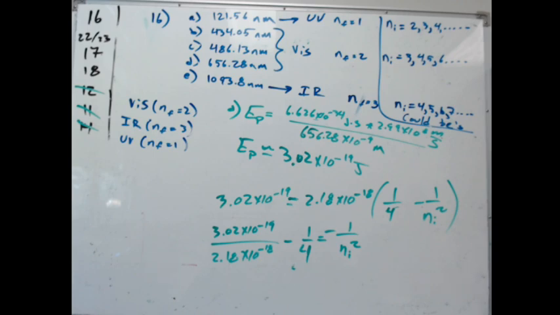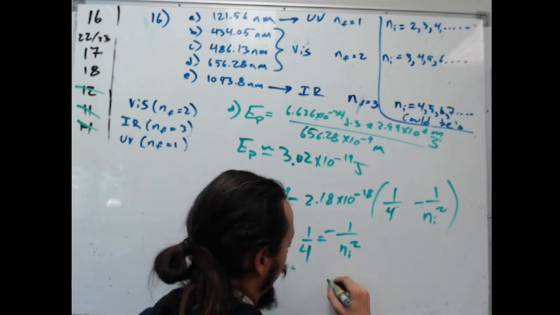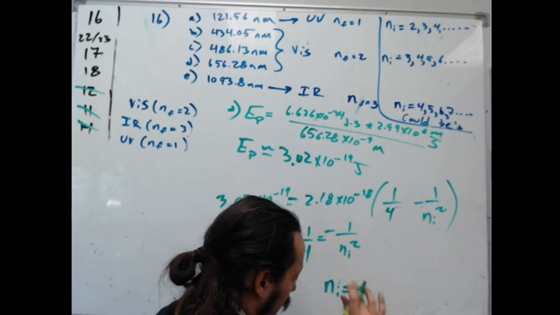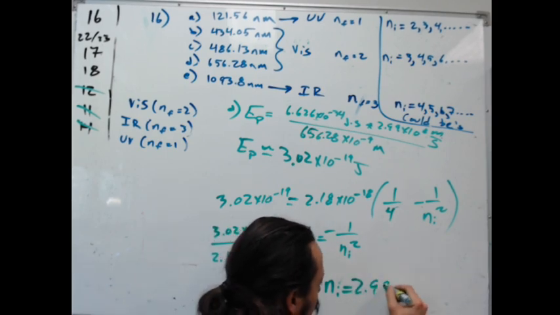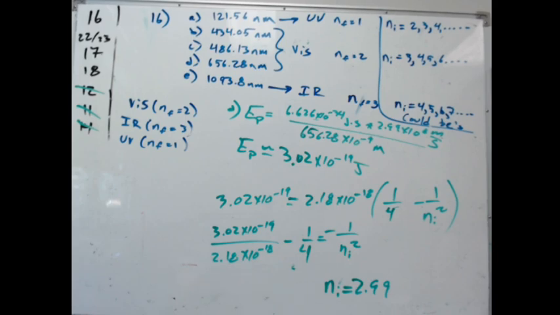Let's see. 3.02 divided by 21.8 minus 0.25. I think something that's like 2.99.